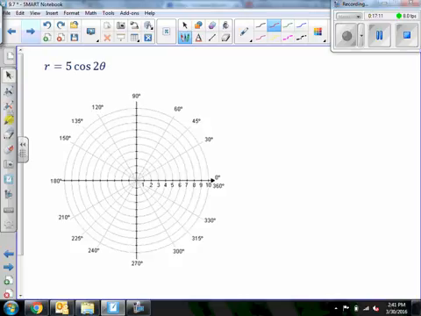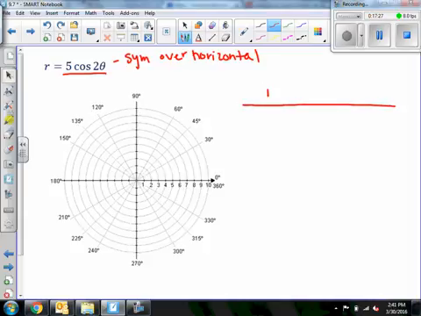So here we have 5 cosine of 2 theta. Cosine of 2 theta tells us we need symmetry over the horizontal. So we set up our t-chart here. It's going to be 5 cosine of 2 theta.